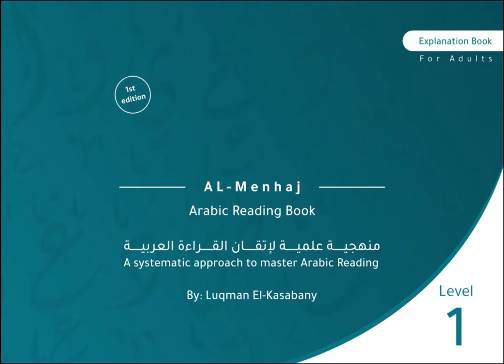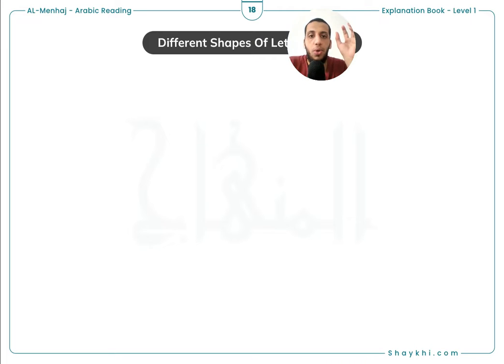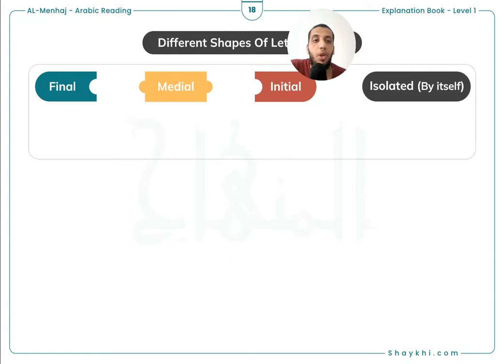This is just to remind you that we are explaining using the Al-Minhaj book, the official book of the Academy. So let's start our big story today with the letter Hamza. We will take, as always, these forms: the isolated, initial, middle, and final.